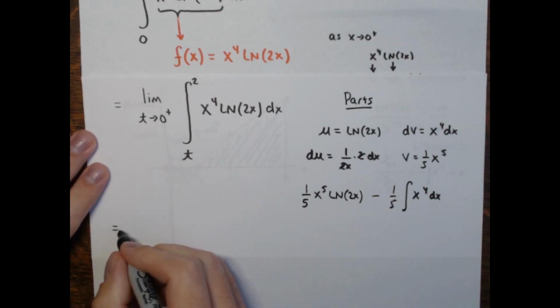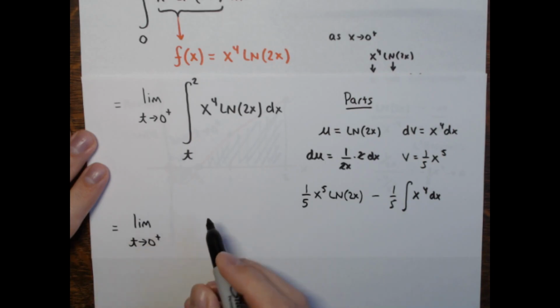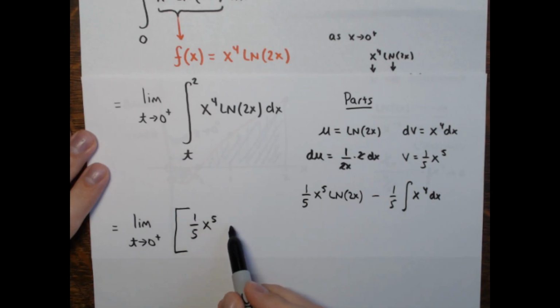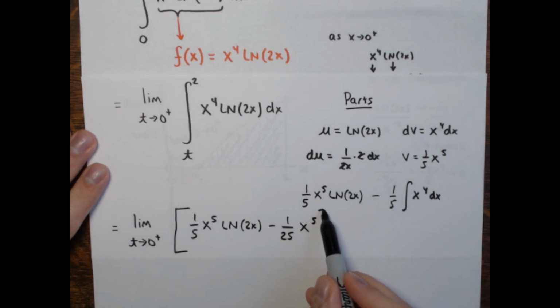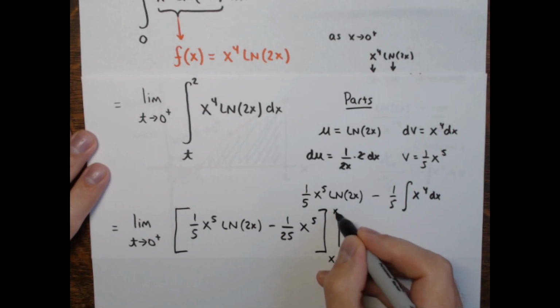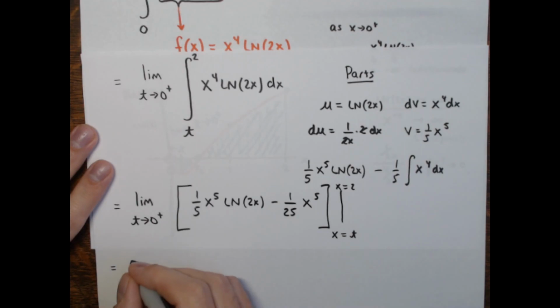Okay, so we've got the limit as t approaches 0 from the right of 1/5 x to the fifth times the natural log of 2x, and then minus 1/25 x to the fifth. Okay, and we're going from x equals t on the bottom to x equals 2 on the top. So I plug in 2, plug in t, and we'll subtract.